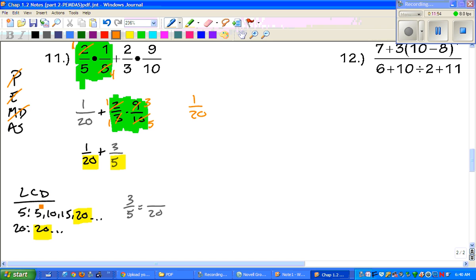So to multiply 5 to 20, it's 1, 2, 3, 4 times. 3 times 4 gives us 12. And now we just add them up. 1 plus 12 is 13, and the denominators stay the same.